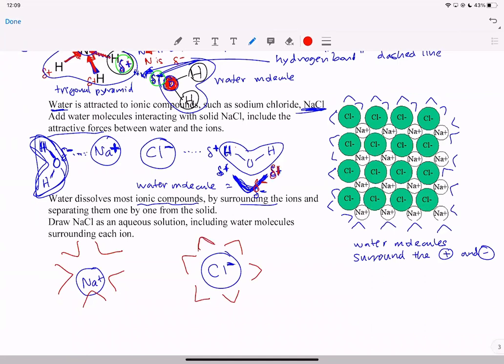Because the open end is the partial positive end of the water molecule. Okay, so remember that. This is the water molecule. You have oxygen and hydrogen. The hydrogen is the partial positives and the oxygen is the partial negative. And so that's why this is the open end. Those are the positives that are around this negative. And this is the pointed end. Those are the negative end around that positive. Okay, so do you guys follow all that?